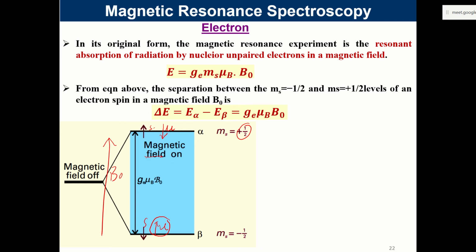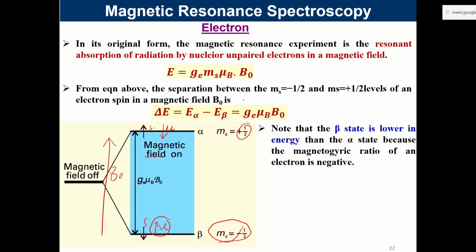Whenever you have a dipole, whether it's a magnetic dipole or an electric dipole, the lowest energy is obtained when the dipole moment is aligned with the field. So here the lowest one is when the spin is minus half; it is in the lower energy state.